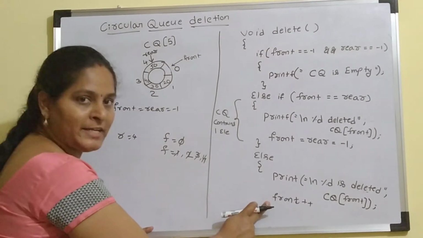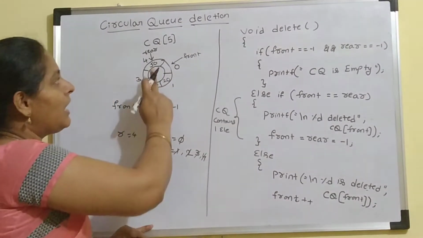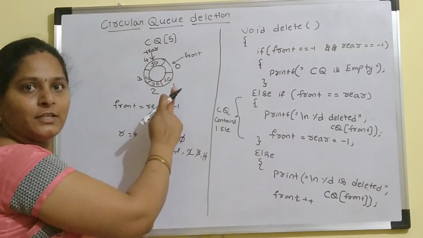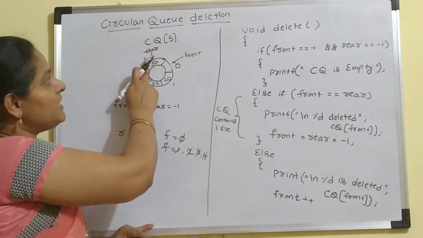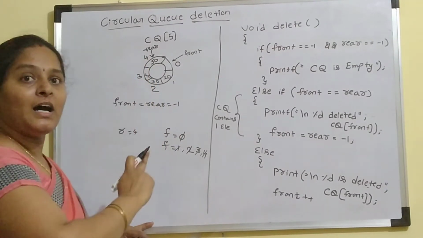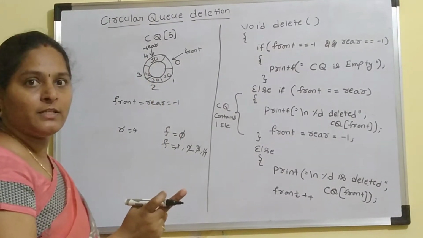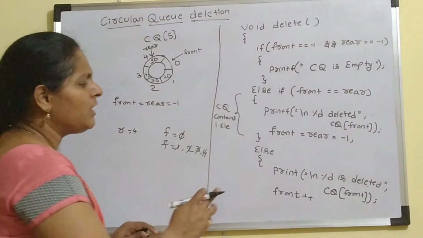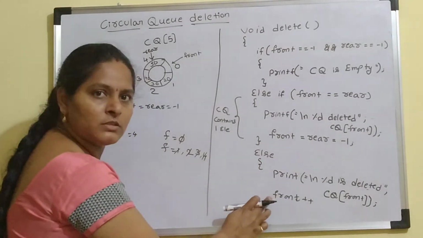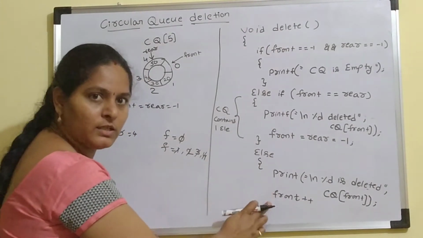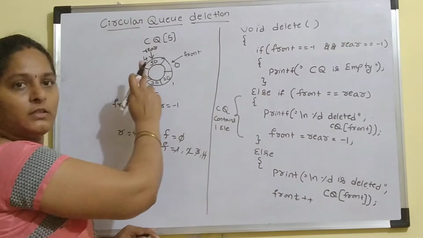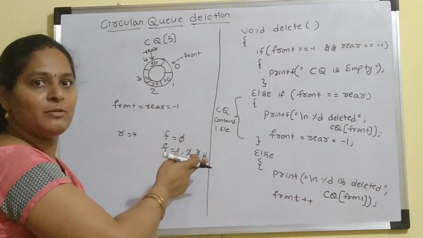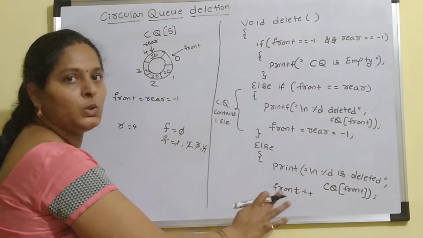So instead of this statement, what we need to write is this: in a circular queue, the last position is circularly connected to the first position. So after deletion of the last element, I should make the front pointer point to the 0th position. Actually this condition is okay. It will work very well before all the elements are deleted, but when we come to the last element, this may not be a good statement.